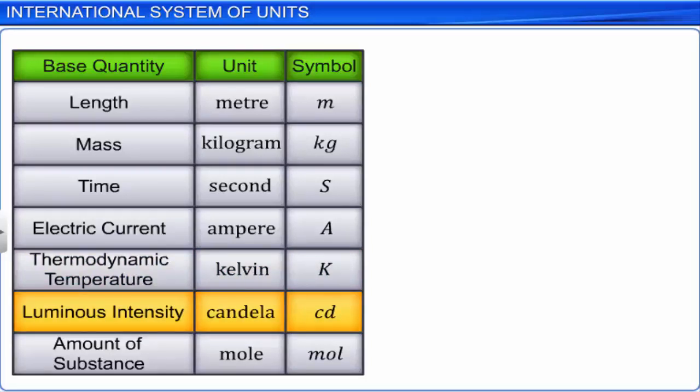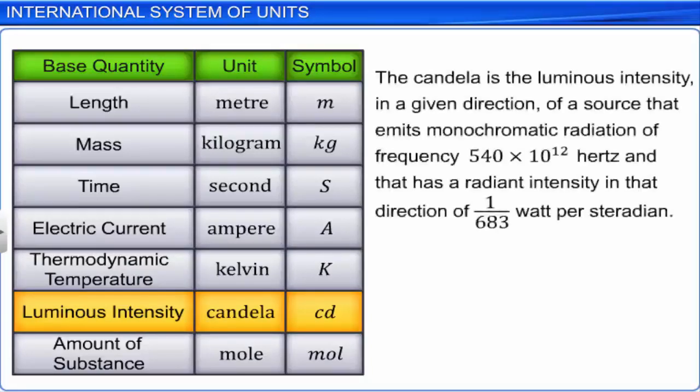A candela is the luminous intensity in a given direction of a source that emits monochromatic radiation of frequency 540 into 10 power 12 Hz, and that has a radiant intensity in that direction of 1/683 watt per steradian.